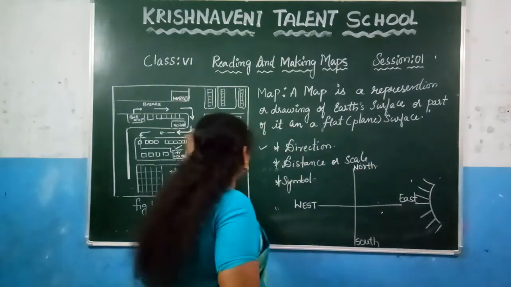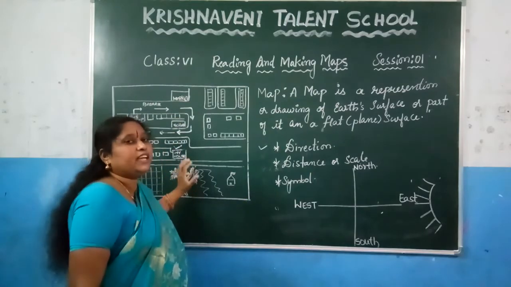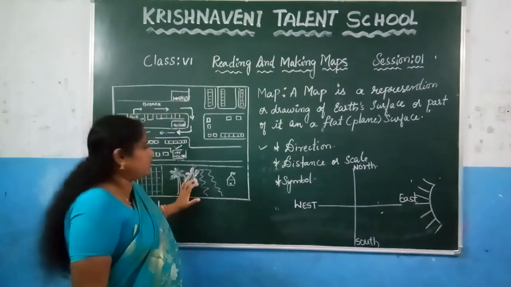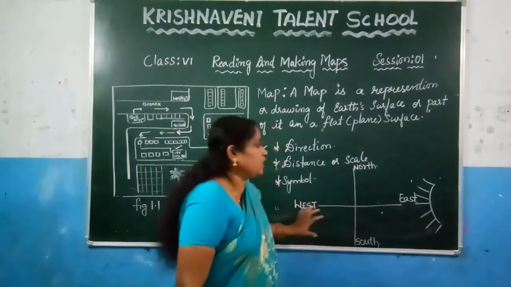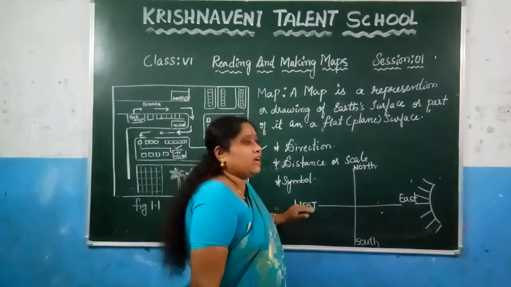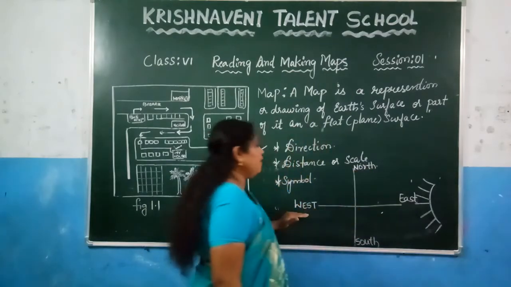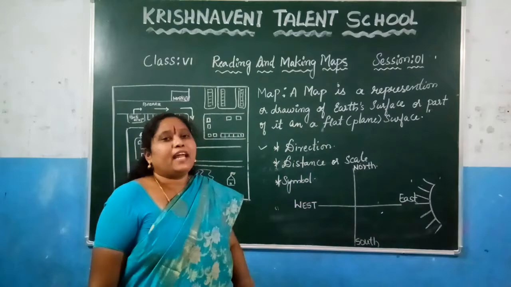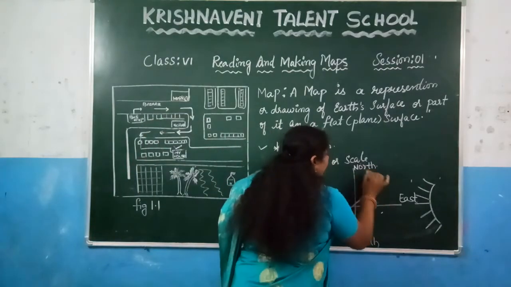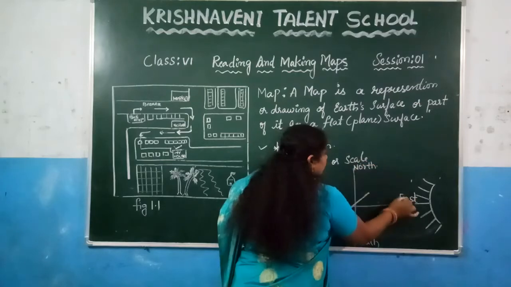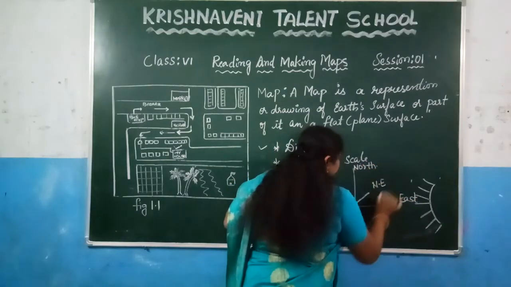The map which was made by Malika does not show any directions. So it was very difficult for Laila to reach the destination. These are the most important directions. They are 4 in number, namely north, south, east and west. Actually, there are 8 directions. The direction between north and east is known as northeast.